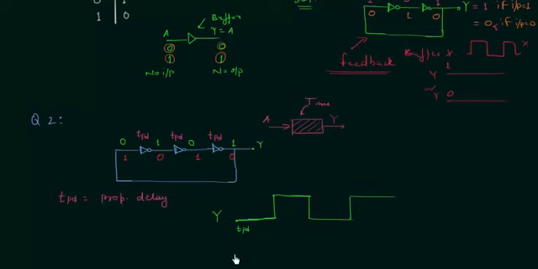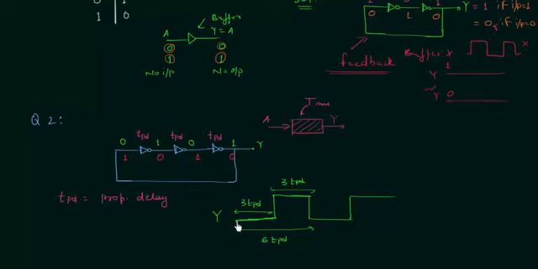Let's try to find out the time period. This is the time period, and it is equal to, this is 3 T_PD, this is 3 T_PD again. So the time period is equal to 6 T_PD, right? Because the time period is the time after which the function repeats itself.